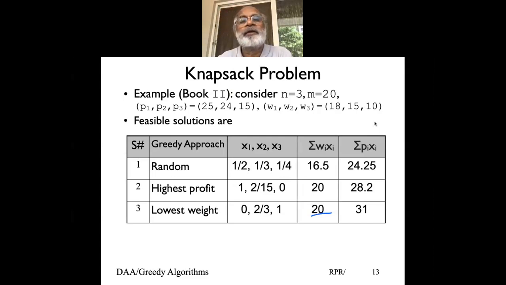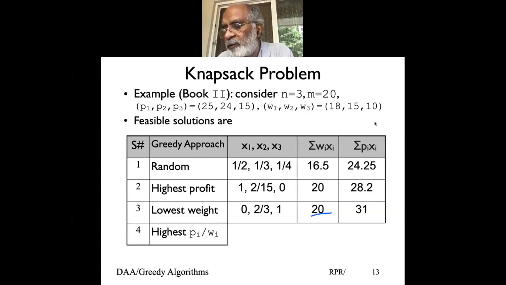Or I take my same greedy approach: look at the item which gives you maximum profit per unit of weight. That means order them in the ratio of Pi/Wi and pick up the item accordingly.